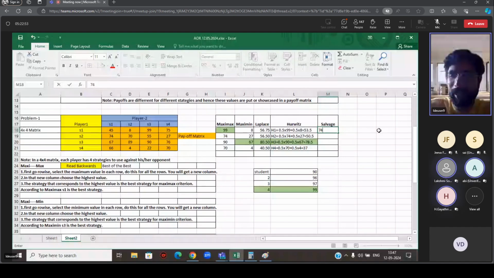Initially the value was 27 in the initial table given, but you have misplaced that 27 and 74. Column S1 and S4 in the second row was misplaced. That's a confusion. So in the row S2, S1 column, the initial value you have given as 27, but now you have given as 74. That was the confusion point. Then what is the value there? In S4, row S2, column S4, value is 74.